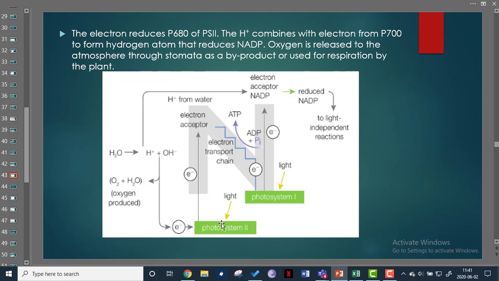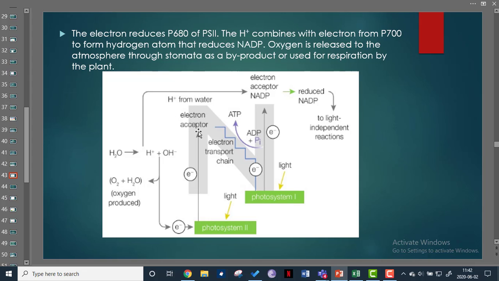Now, for photosystem 2, when light energy falls on its pigments, they gain energy, they get excited, they get emitted, and pass to the primary electron acceptors.